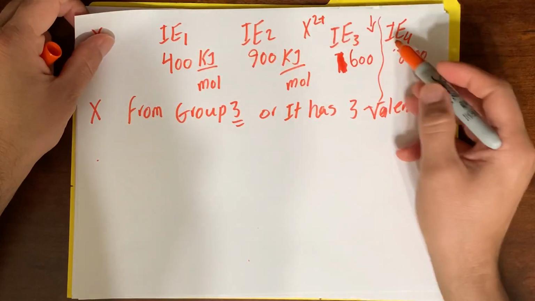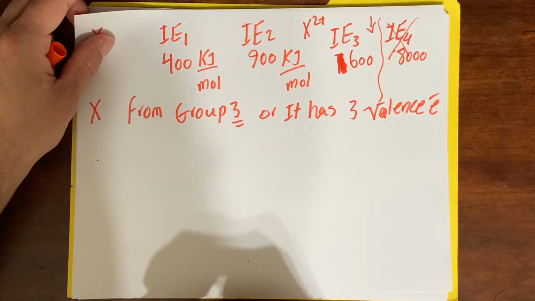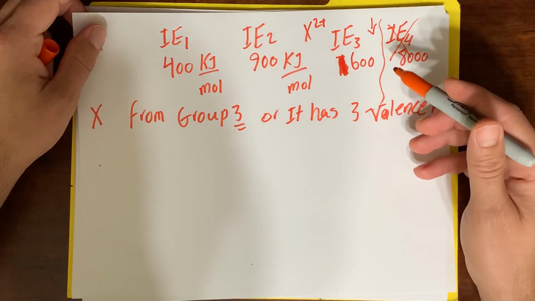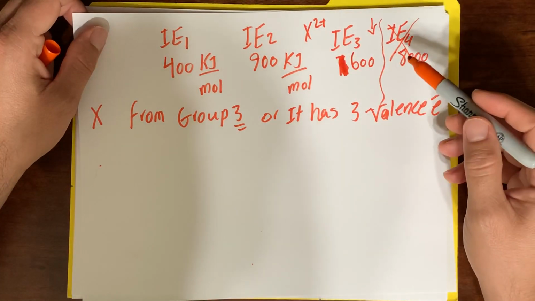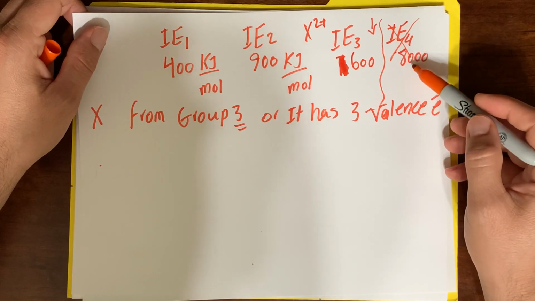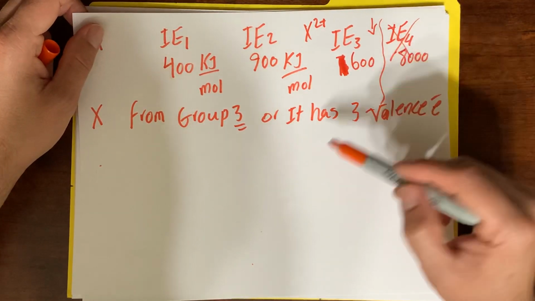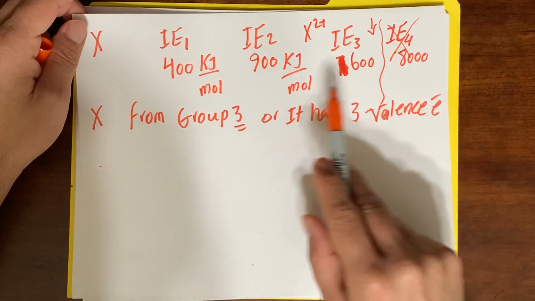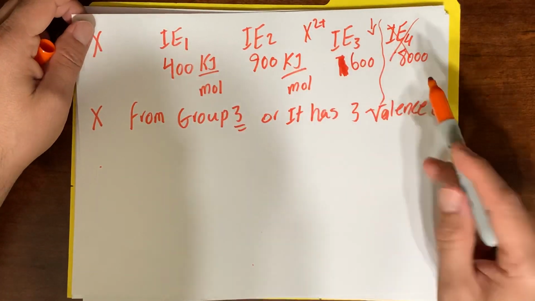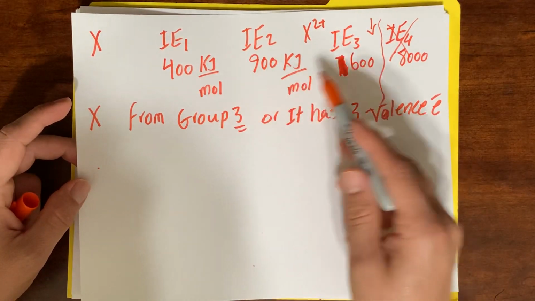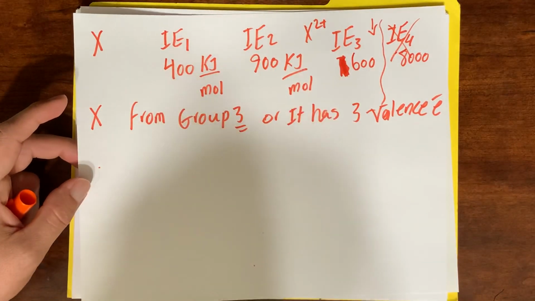Simply find the gap, the one that shows a huge gap in ionization energy. Now go back and start counting how many ionization energies you have. And per each ionization energy, count 1 valence electron. 1, 2, 3 valence electrons.